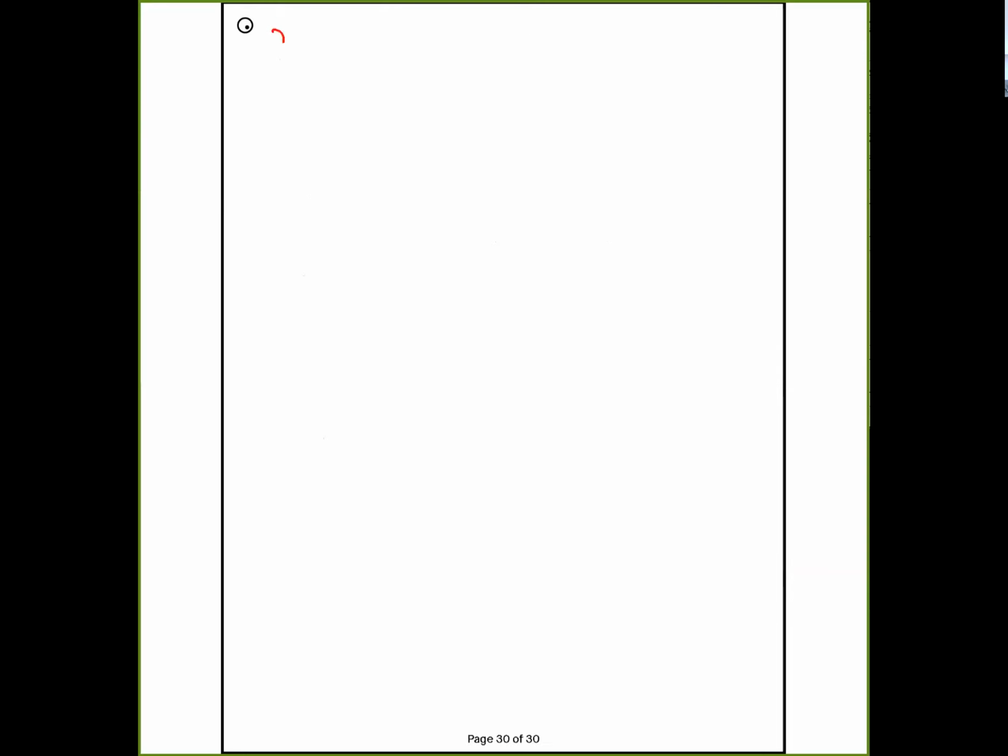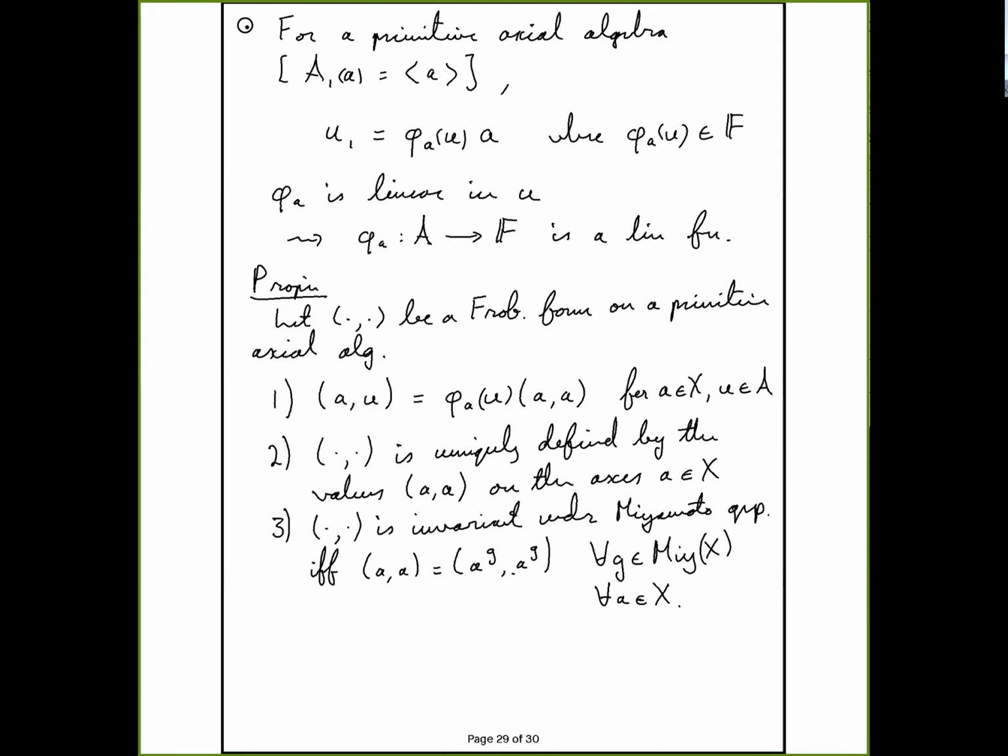So for the first one, well, you might have guessed this already because I had this nice lemma earlier about the decomposition being orthogonal, and now I'm talking about one particular one here. So in particular, let's just think about this a minute. A, with respect to A, only has a 1 component, obviously.